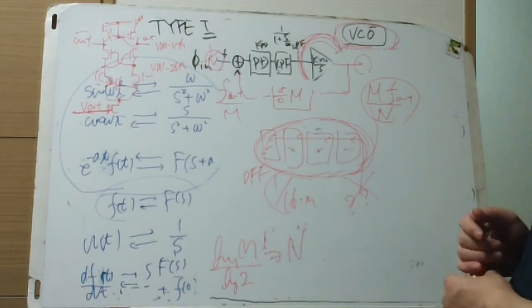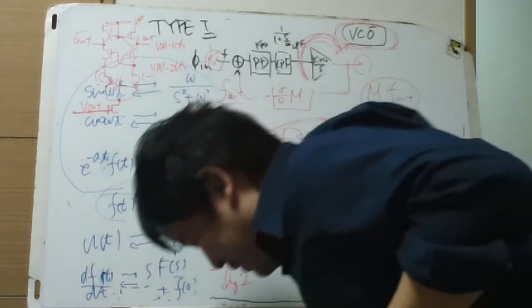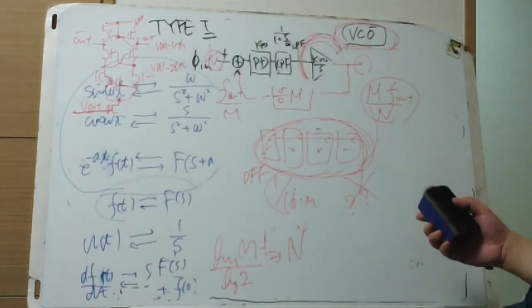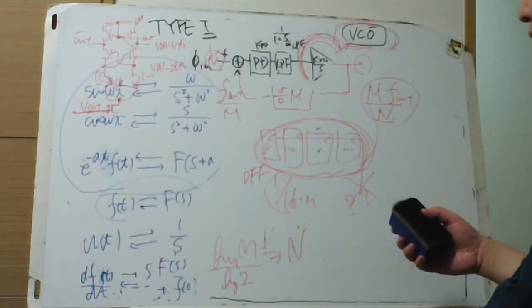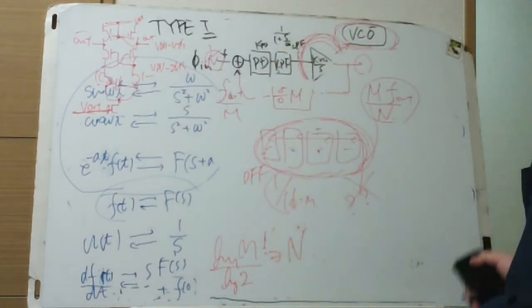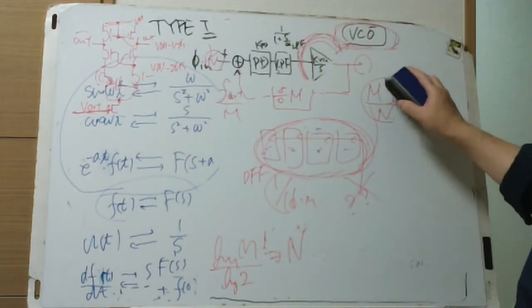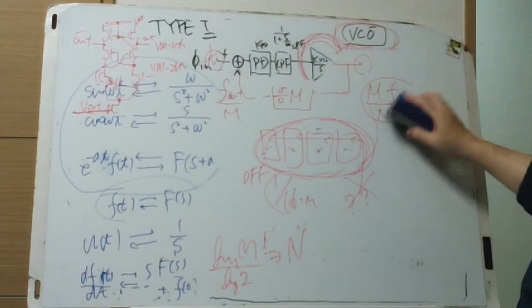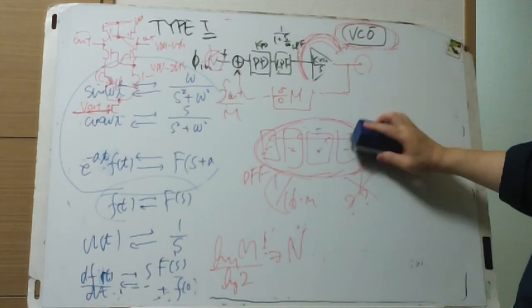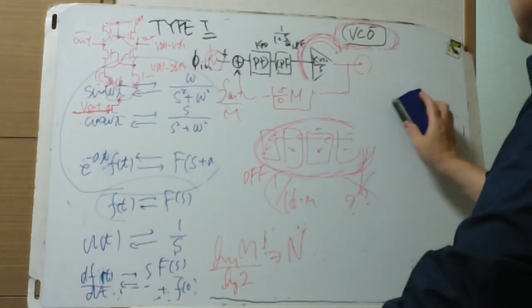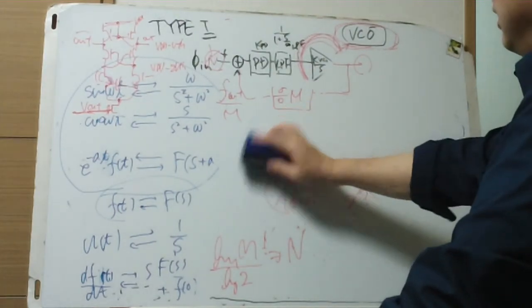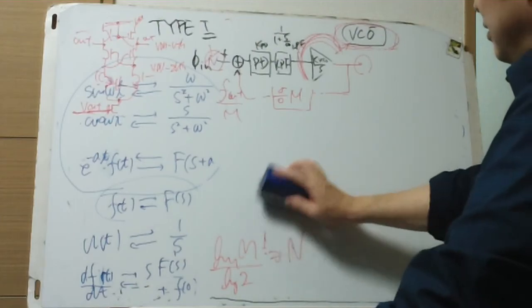We can make a fractional PLL, but I don't know precisely about this. But usually a fractional synthesizer is utilized in many applications, so we need to know this M F out over N PLL also. But the simple basic is using a divider, multiplying M times F in in the PLL.